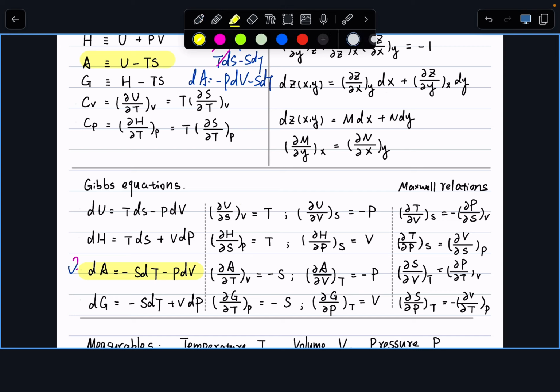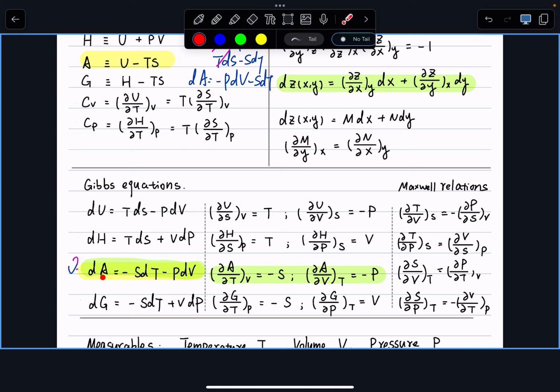And what about how to get from my Gibbs equation to these expressions? This is the one we were using.